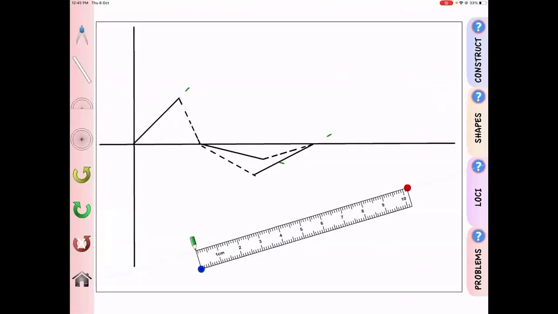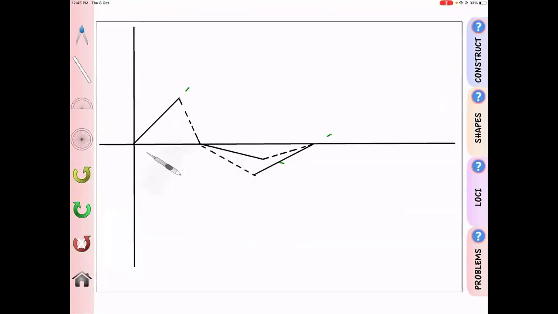Okay, so put the compass here and draw the arc. Okay, take the compass here and draw the arc.